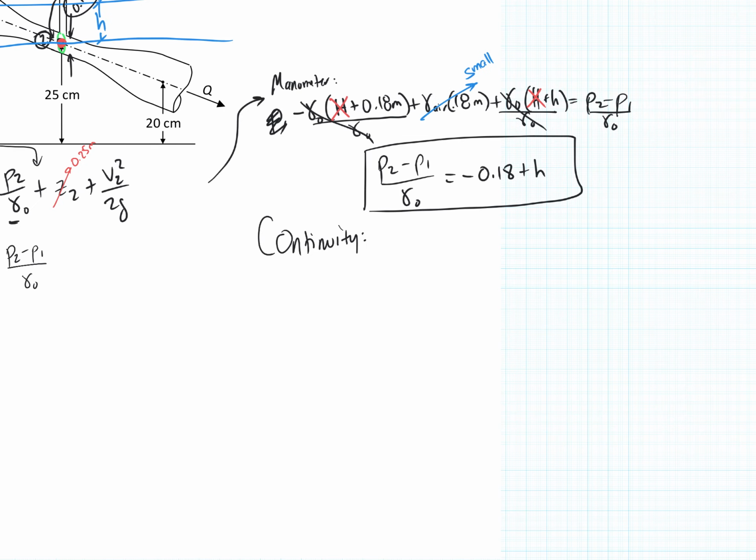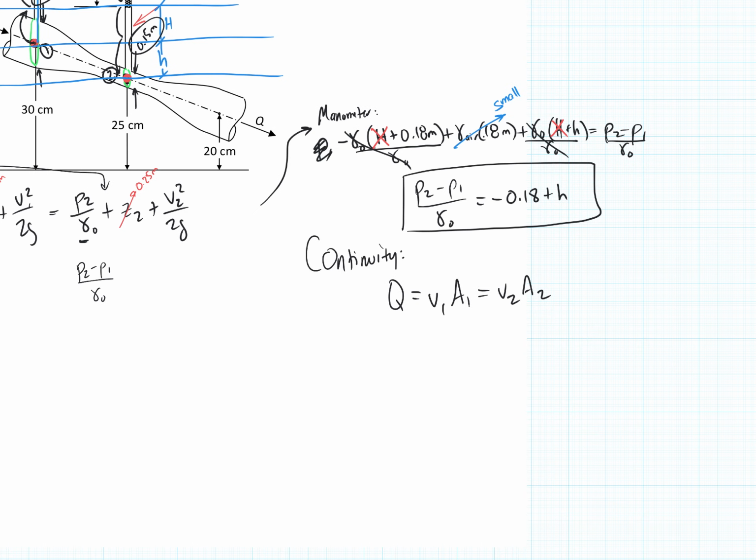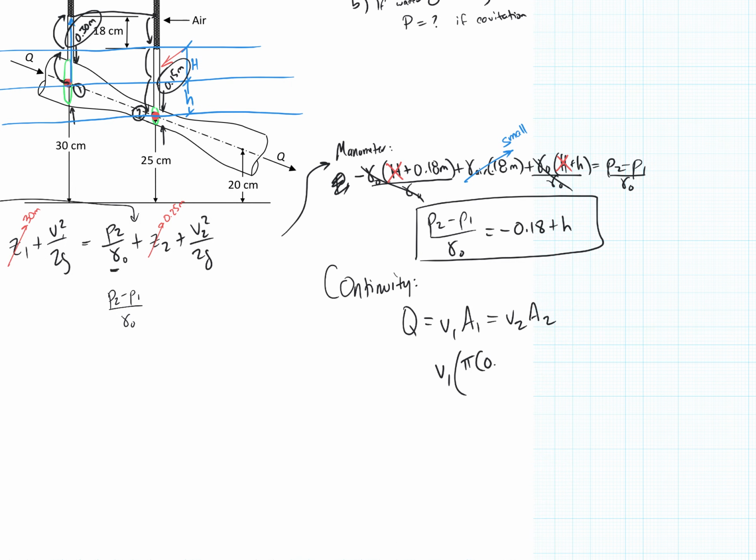So Q, we don't really know what Q is, but it equals V1A1, which equals V2A2, because everything that passes point 1 is going to pass point 2. So the velocity at 1, I don't know what that is, but the area at 1 is pi times 0.30 meters squared over 4 equals V2 times pi times 0.15 meters squared over 4.